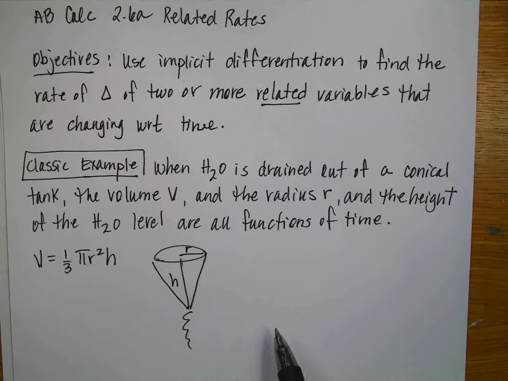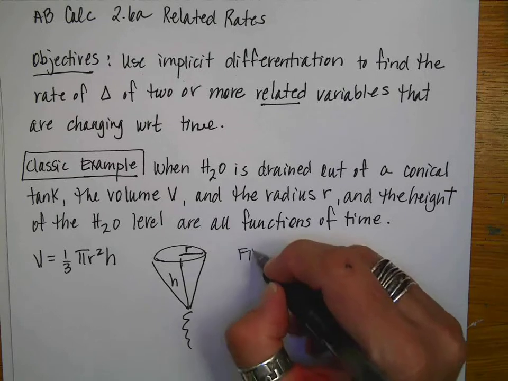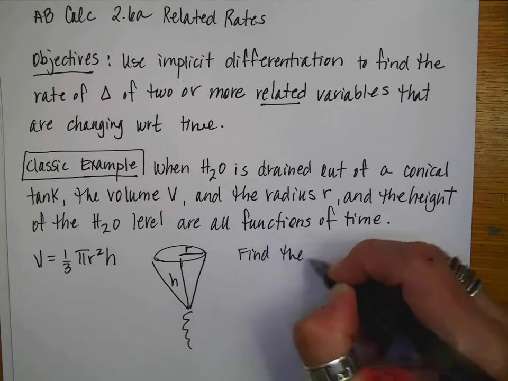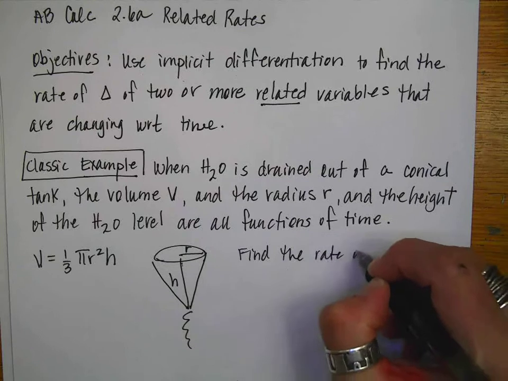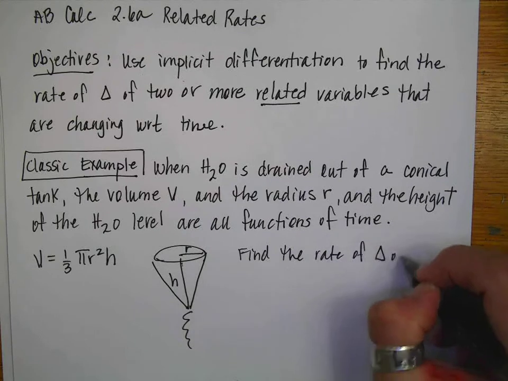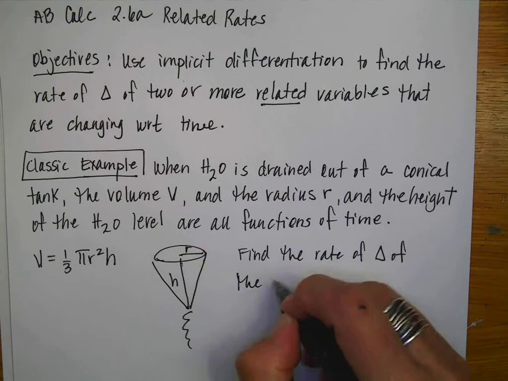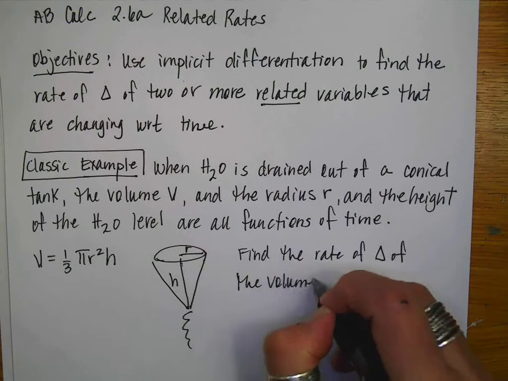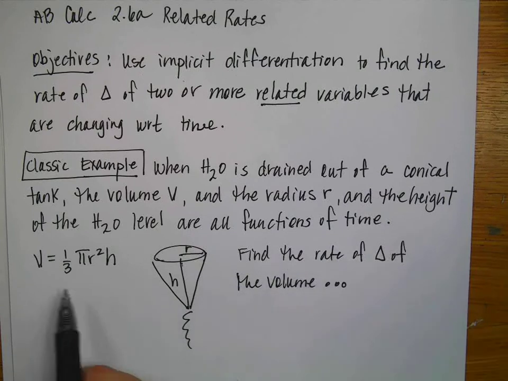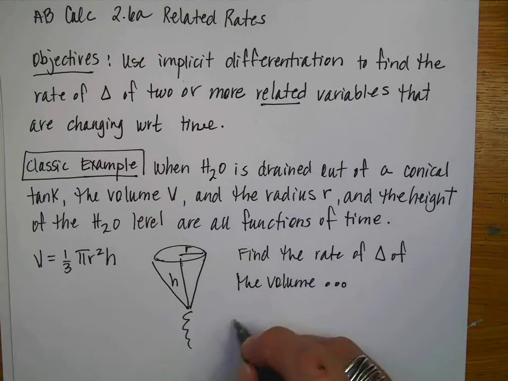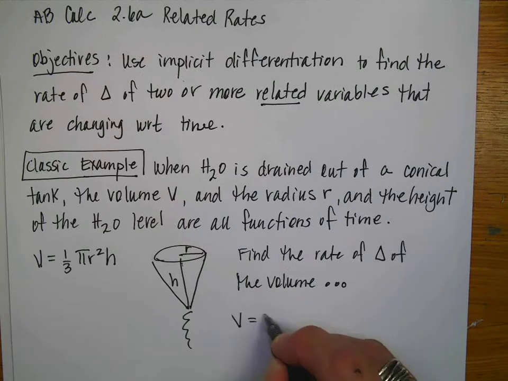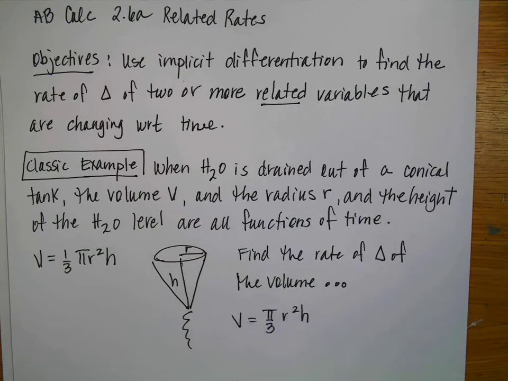And so if I want to find, let's say I want to find the rate of change of the volume. Okay, so that means that I would take the derivative of this equation. So I'm going to rewrite it as volume is equal to pi over 3 r squared h.